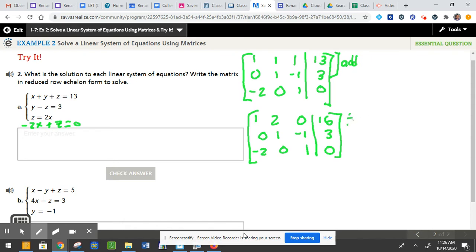So I'm going to divide by 2 on that row, and then I get 1/2, 1, 0, 8, and then everything else will be the same. And the reason why I did that is now I can subtract.